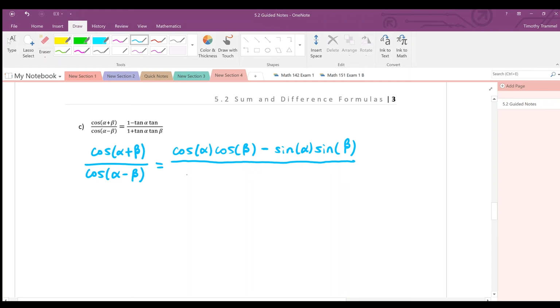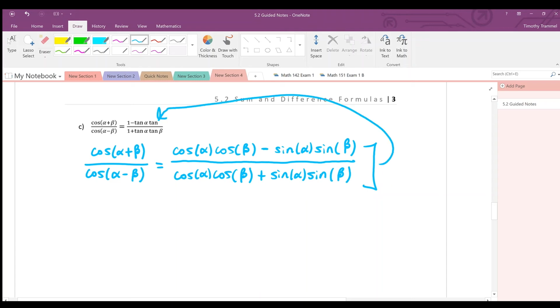So we have cosine of alpha, cosine of beta, the opposite sign, sine of alpha, sine of beta. Now the question is, how on earth is this equal to this stuff over here with tangent?